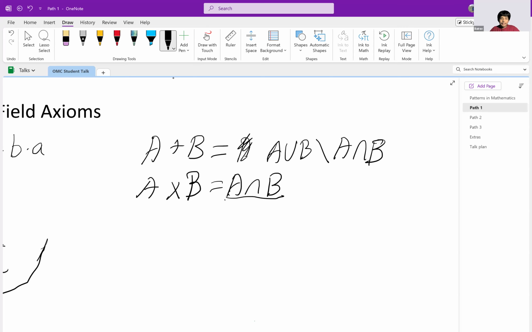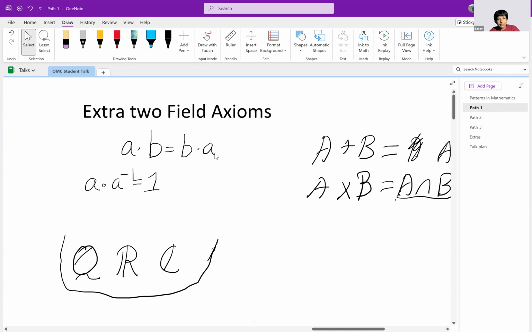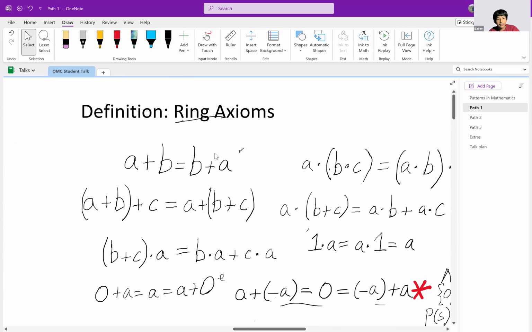You can check almost all of these axioms are satisfied, I think.